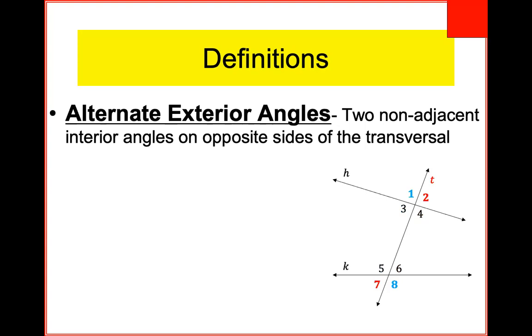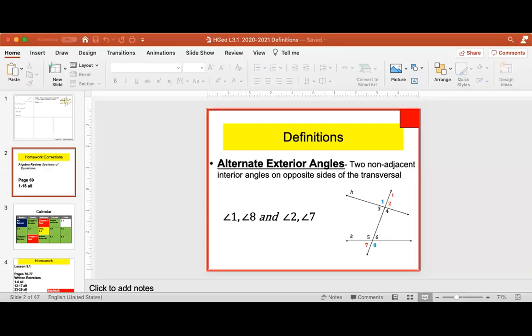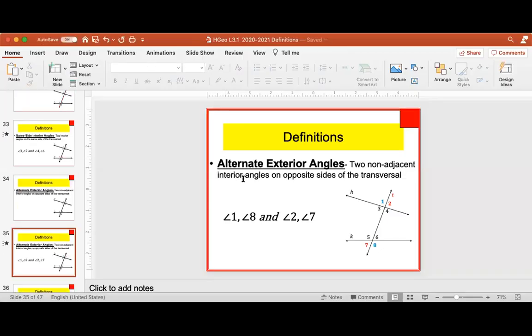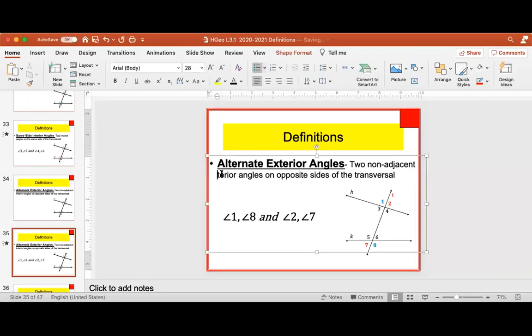It says two non-adjacent interior angles on opposite sides. Two non-adjacent. Blue is non-adjacent to 8. Yeah, it says two non-adjacent. Oh, that's wrong. Good catch. Nobody caught it last year. Nobody caught it this morning either.